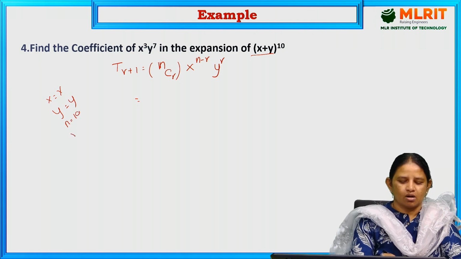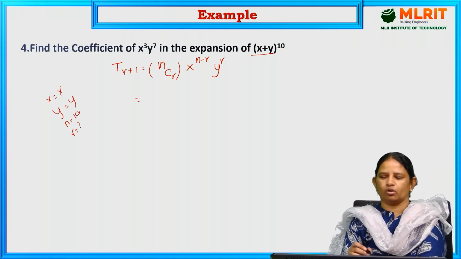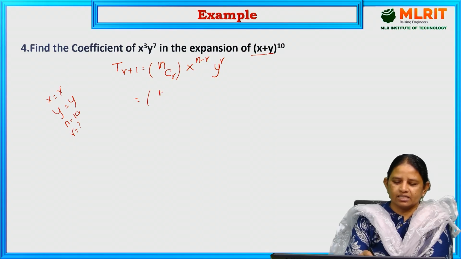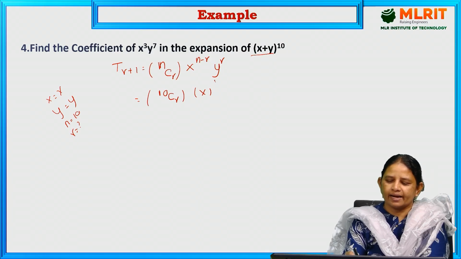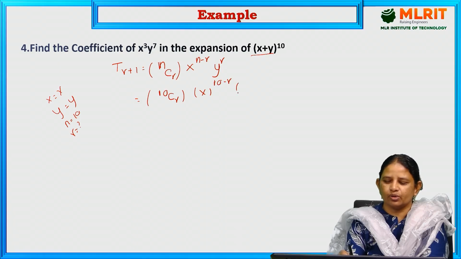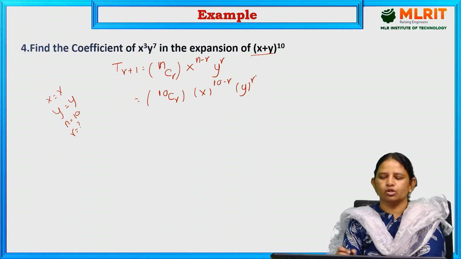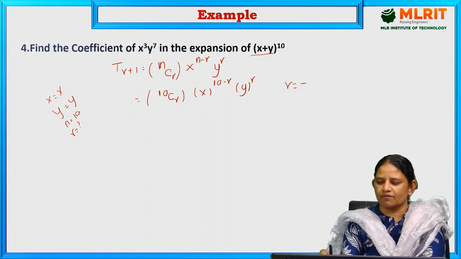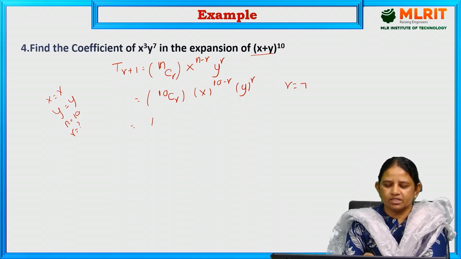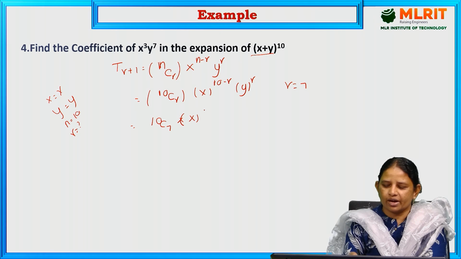What is the r value? We need to find out. So that is 10Cr x to the power of 10 minus r into y to the power of r. To get x to the power of 3, we'll substitute r is equal to 7. That means 10C7 into x to the power of 10 minus 7, that is x cube, into y to the power of 7.